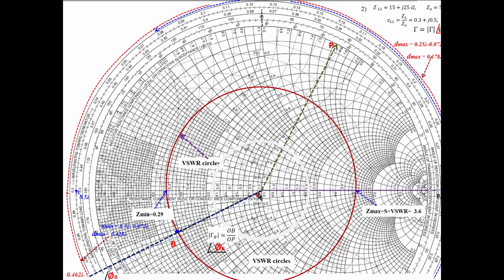To find the reflection coefficient angle, you draw a line passing through this point. It intersects the reflection coefficient scale somewhere here. Read whatever the value is. It is 160, behind that it is maybe minus 152 degrees here, because it is 4 divisions behind.